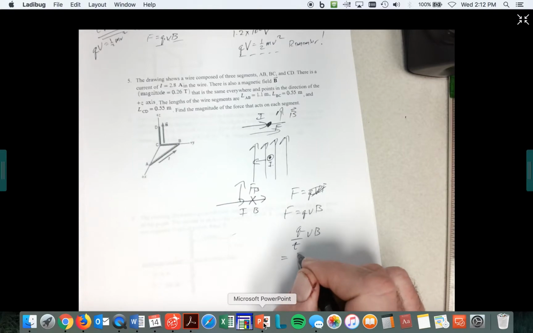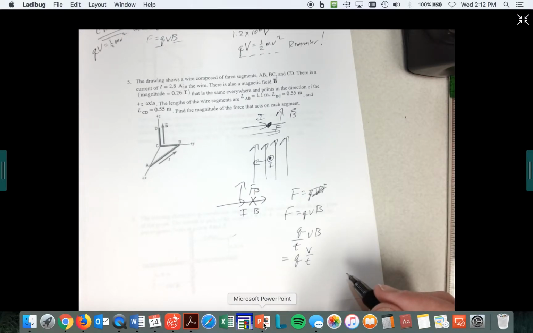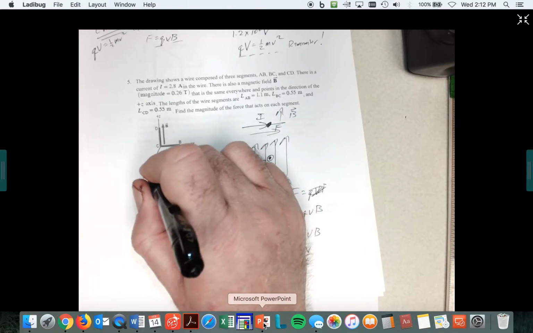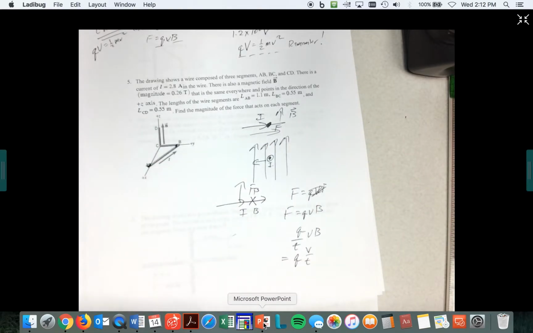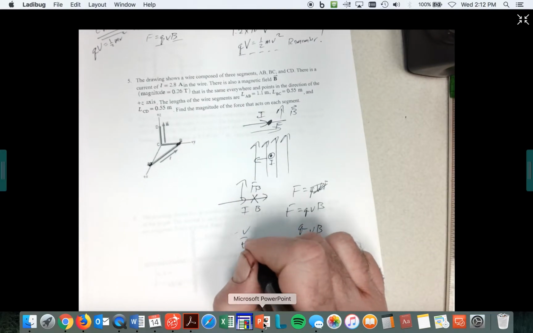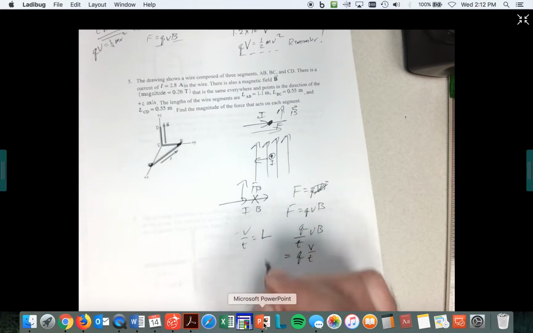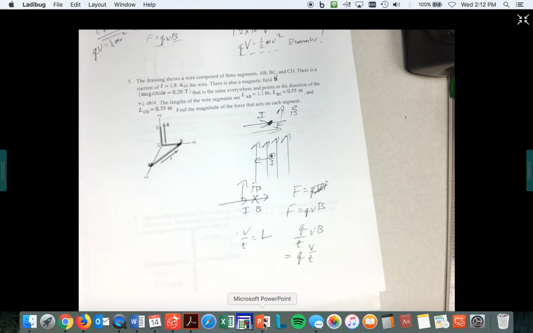But look what happens if I take Q over V. What's V divided by T? Well, that's how long it takes to go from here to here. That distance. V over T is equal to the distance, the length of that wire. Cool beans.